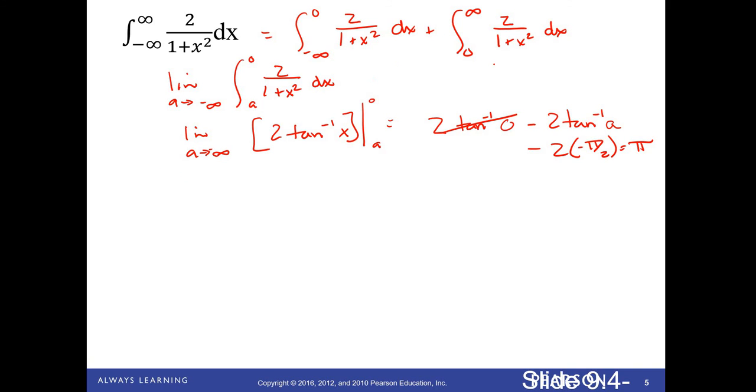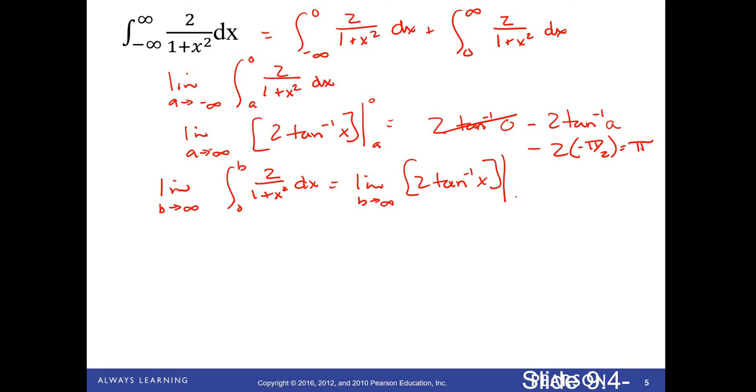We do the same thing for my second one. I'm going to use b here. The limit as b approaches infinity of the integral from 0 to b of 2 over 1 plus x squared dx. Again, that's the limit as b approaches infinity of 2 tan inverse x evaluated from 0 to b.